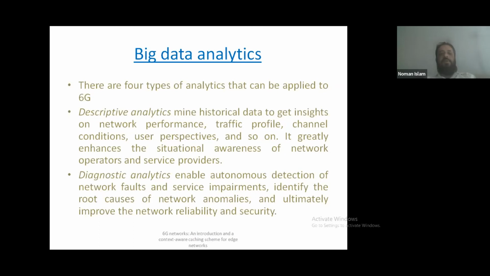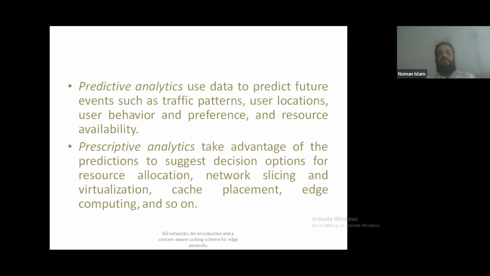So descriptive analytics is used to gather data about the network to understand the behavior of the network. Diagnostic analytics can be used to detect faults and to trace faults. Predictive analytics can be used to predict possible future events that might occur. You can anticipate them in advance and can take corrective actions.